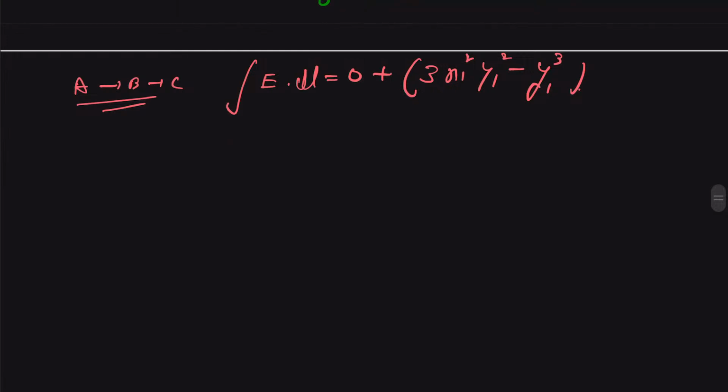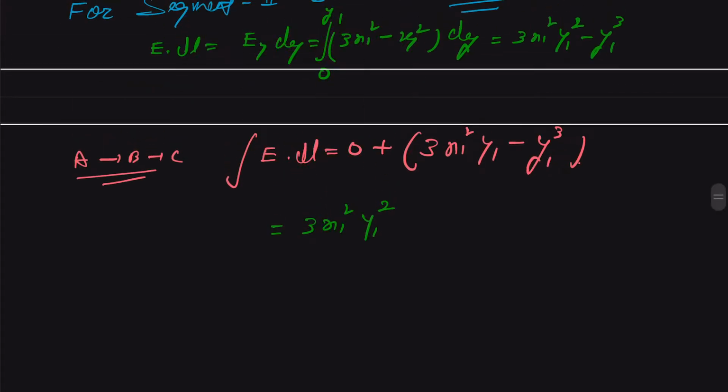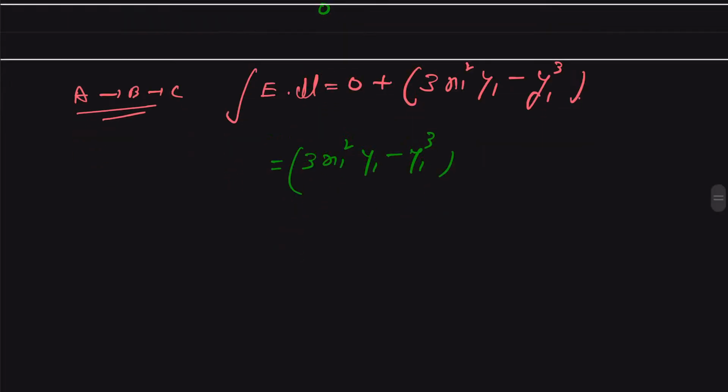We can write this as 3x1 square y1 minus y1 cube. So this is for our path A to B to C.